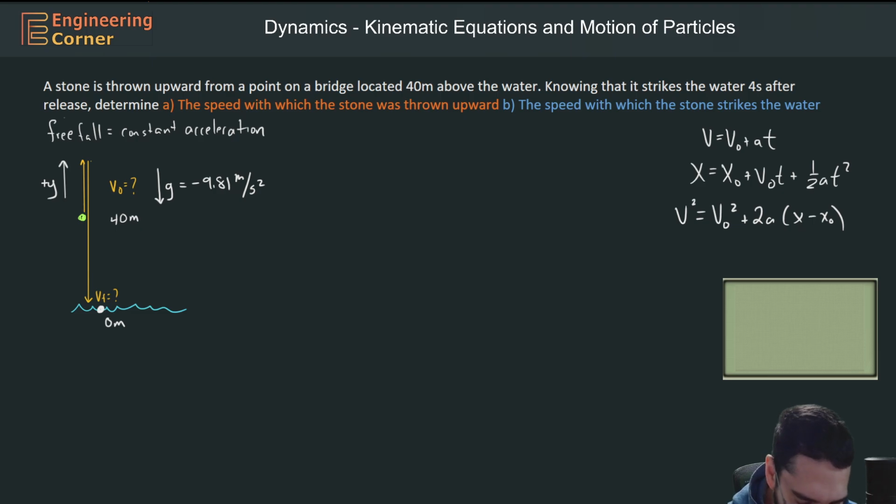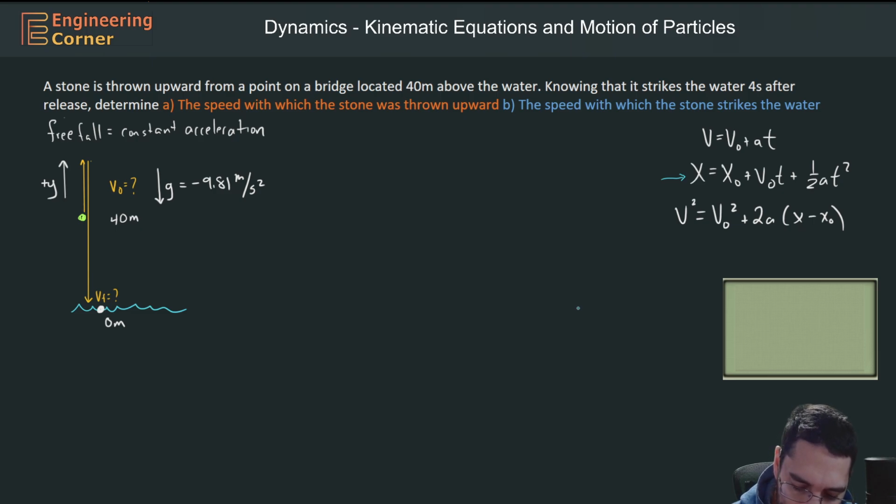So what do we do now? Well, we're looking for the speed at which the stone was thrown upward, and we know that we have constant acceleration. Which of these equations has the least number of unknowns? Well, we want to go with this second equation right here.